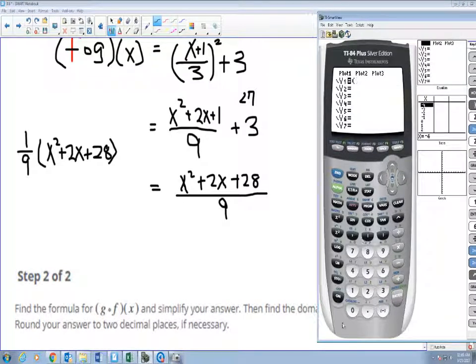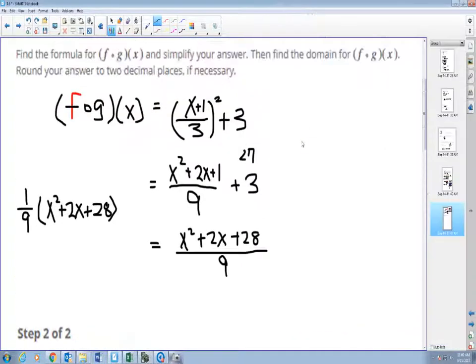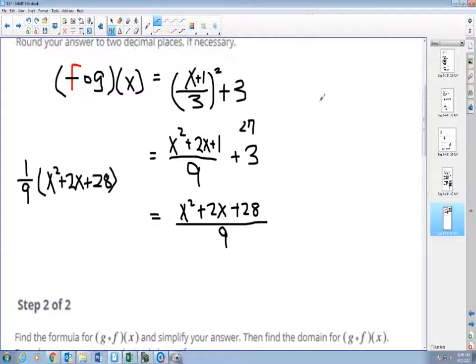I'm going to put everybody on top in the parentheses to view as one term: x squared plus 2x plus 28, close the parenthesis, divided by 9. See, this is a very wide, open u. So my domain, there's no restriction on the denominator because the denominator is just simply a 9. So my domain would just be from negative infinity to infinity.